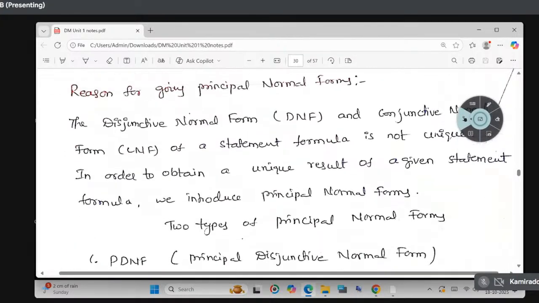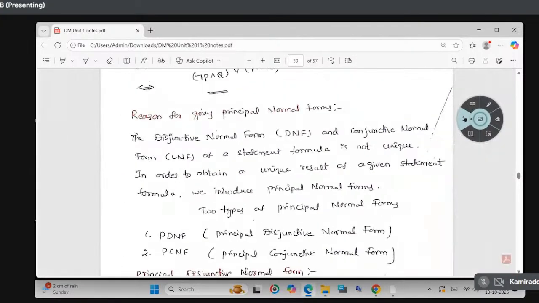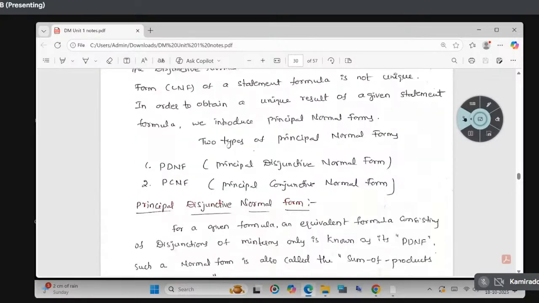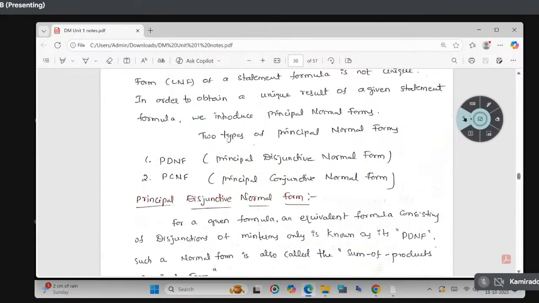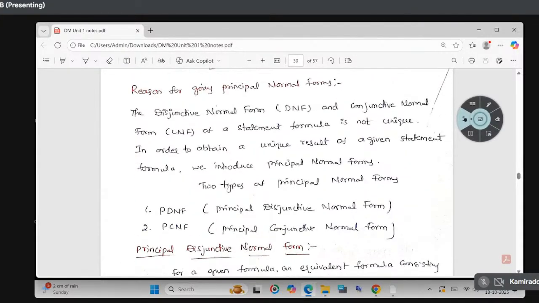Right. Clear so far? Connective statements, normal forms, up to here. Clear?